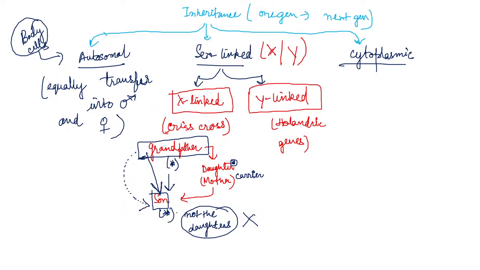Clear? So this is known as crisscross inheritance. It is not a direct transmission, it is an indirect transmission because your mother is playing the role of the carrier. Clear? Now this crisscross inheritance can be of two types.